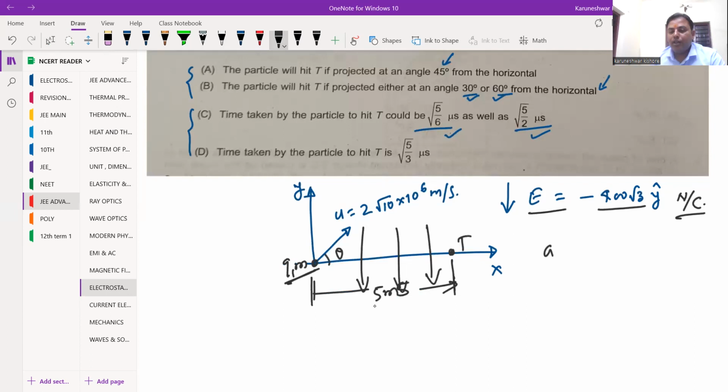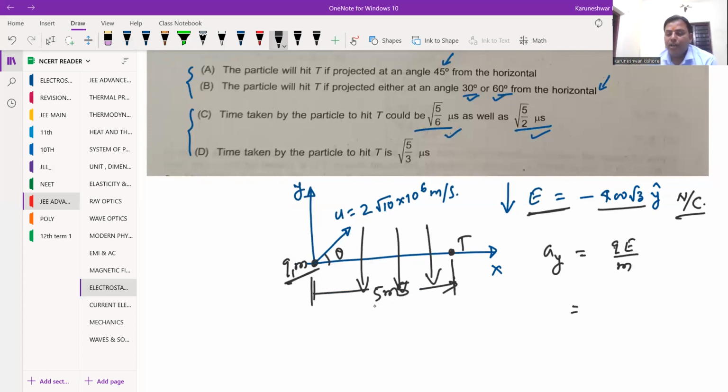So this acceleration will be the force experienced due to the electric field divided by the mass of the charged particle. So it will be Q into E divided by the mass of the charged particle.